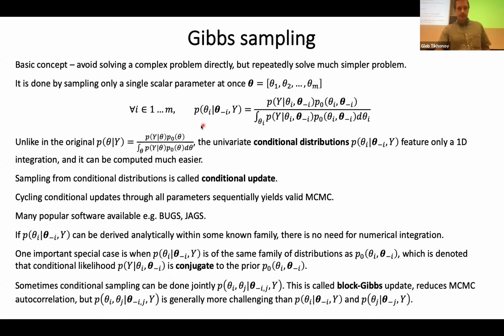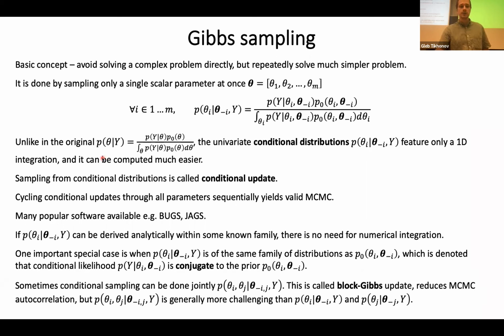So we have this conditional posterior, which is just a univariate distribution for the parameter theta i, conditional on the data, and conditional on all other parameters except theta i being fixed to particular values.